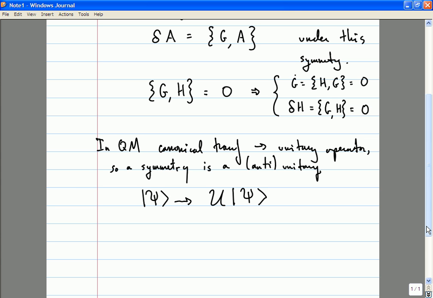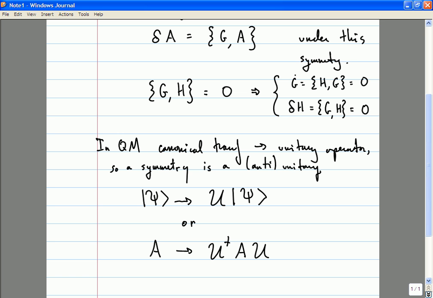And there are actually two ways of thinking of the action of a symmetry in quantum mechanics. You could either think of a symmetry as the action of a unitary operator on the states in your Hilbert space, or you could think about the action of a unitary operator on observables, that is to say, operators on your Hilbert space.